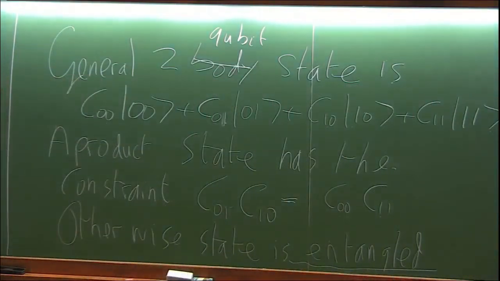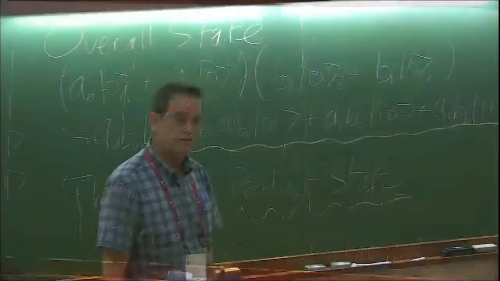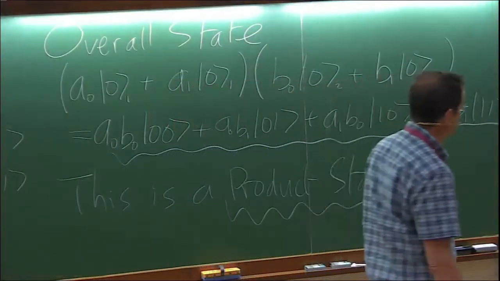So, can we give a quantitative measure of entanglement, something which we can compute for a given state, which would give 0 if this condition is satisfied, and something non-zero if it's not satisfied? And this is the von Neumann entanglement entropy, which we'll now mention.